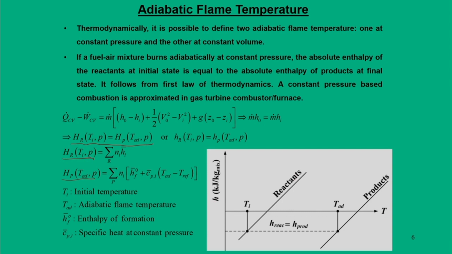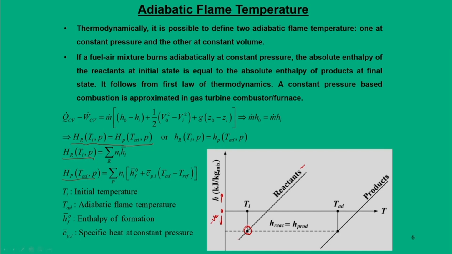These reactants can have many species, and these species will have different enthalpies at different temperatures. Let us say all the reactants are at the initial state Ti, and at that Ti temperature the corresponding enthalpy of combustion, of course it is negative, that is what this is, in positive side and this is in negative side, and this number is this point.